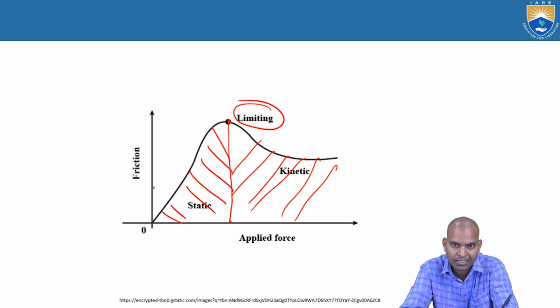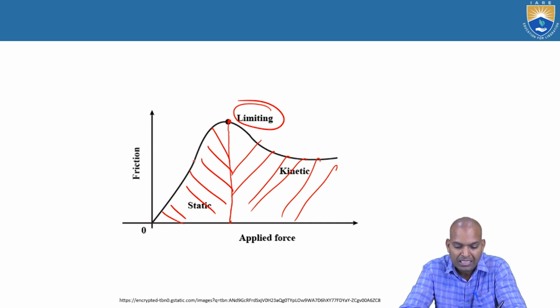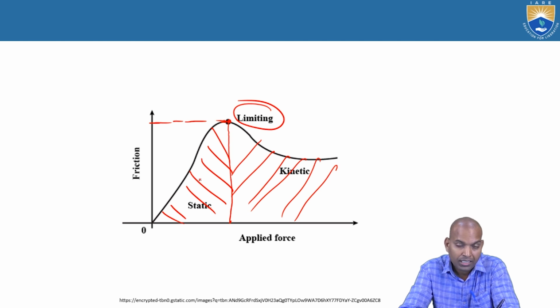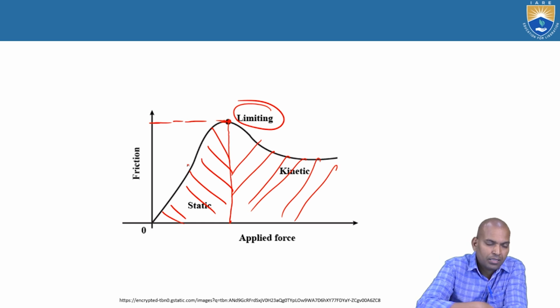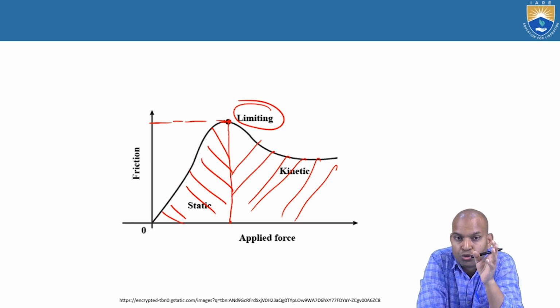Here from this diagram you can understand that the limiting friction is the maximum value. The static friction is less than the limiting friction value and the kinetic friction is also less than the limiting friction value. The maximum frictional force value is known as the limiting frictional value, at which the body tends to move.